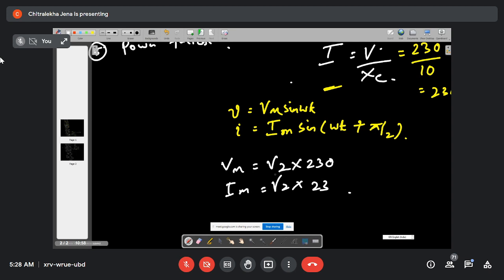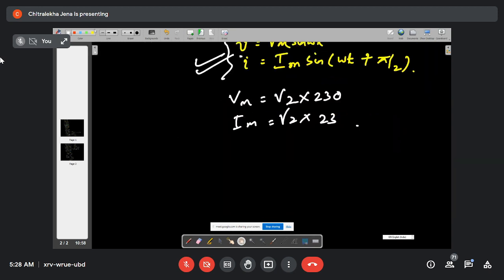Substitute and write down this equation. Got it? Yes ma'am. Then what is the power absorbed? 0, ma'am, because it is a pure capacitor.